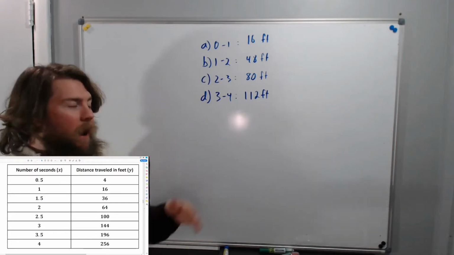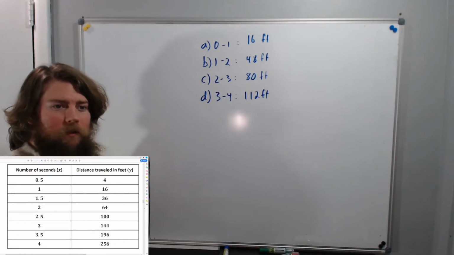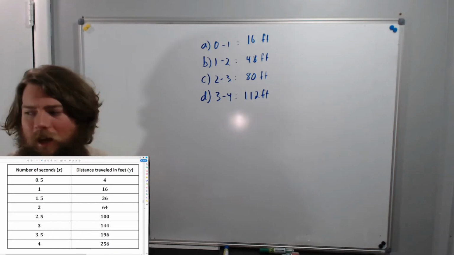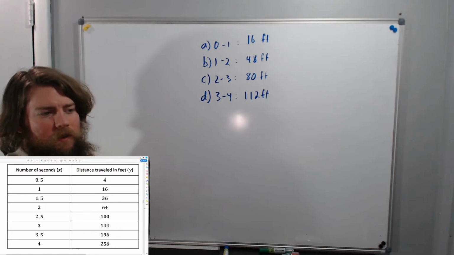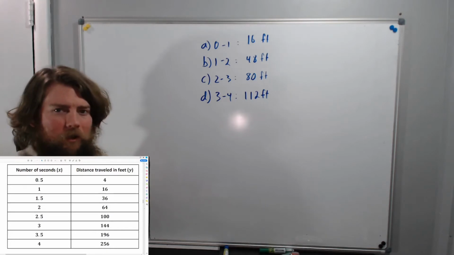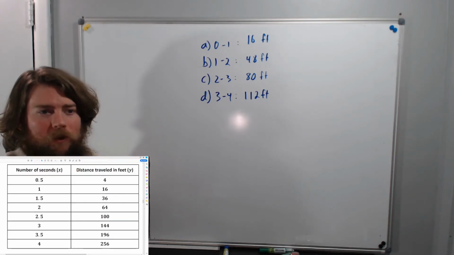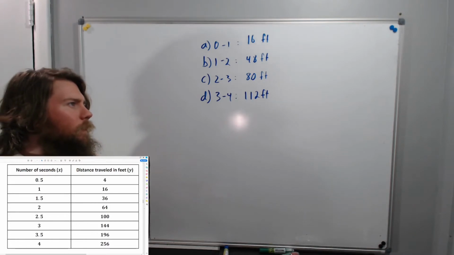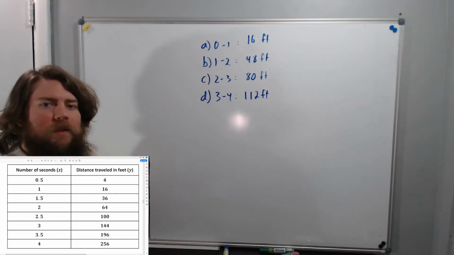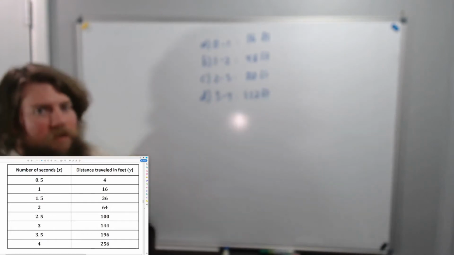And there is a bit of a pattern between these numbers that maybe some of you figured out. This is sort of hinting at a topic that we're going to learn about a lot later, and that is the idea of acceleration, which I'm not going to go into too deeply. But in physics, this would be considered a constant acceleration problem. What that gives us is that the interval between these is actually all the same.